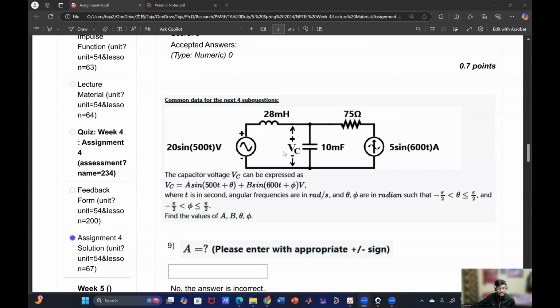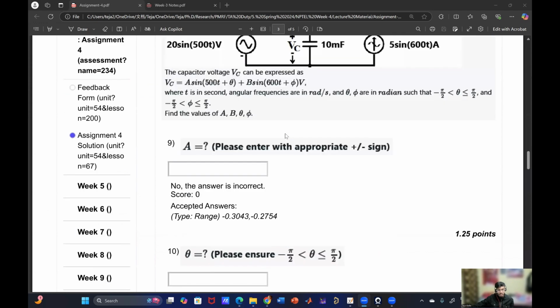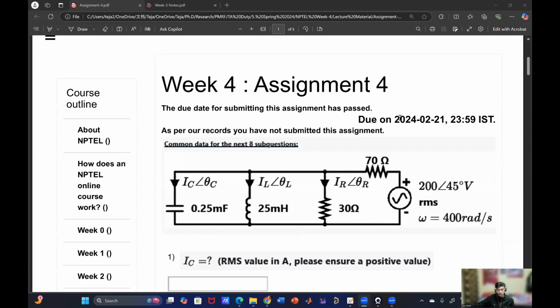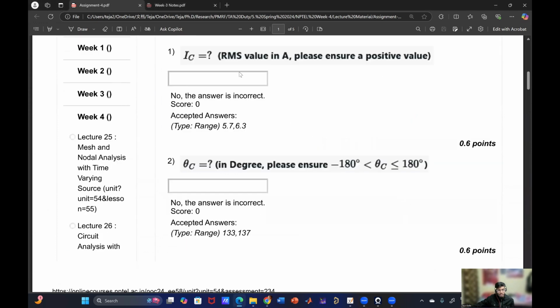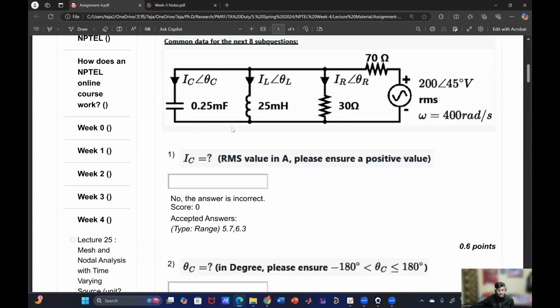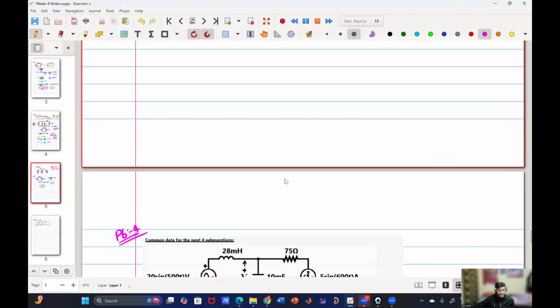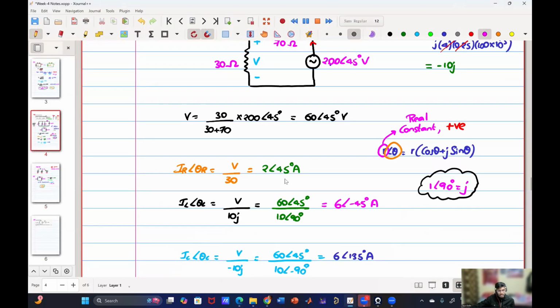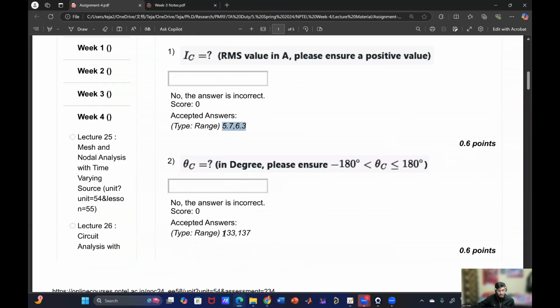In the assignment that I have, I don't see any RMS values. Last year only. So this is the 2024 assignment. Which question are you talking about? IC is 6 angle 135. We have solved this, right? I have also shown that they are matching, 6 angle 135 degrees.